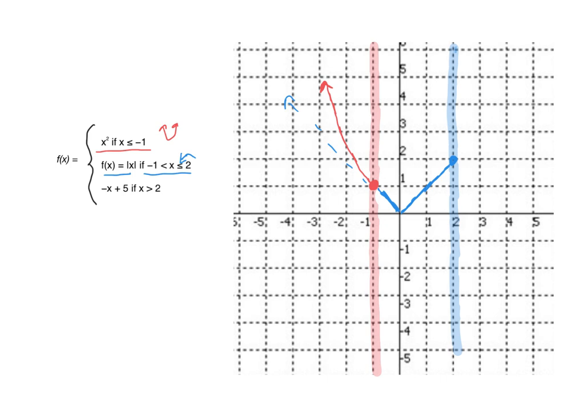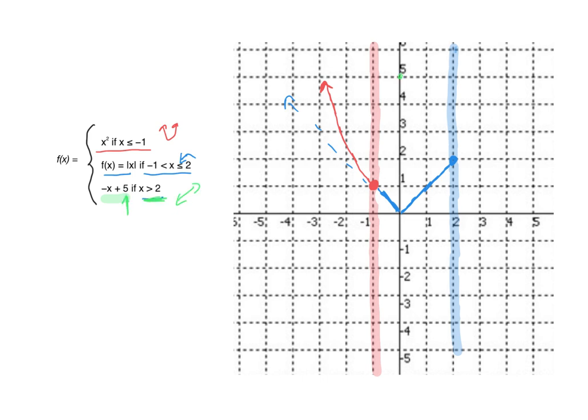My third piece says -x plus 5, anything bigger than 2. Now, if you remember, -x plus 5 is just a line. It's just a line graph. However, this particular line graph has a negative slope, so we're going to have to remember those pieces. Remember, we start at 5.